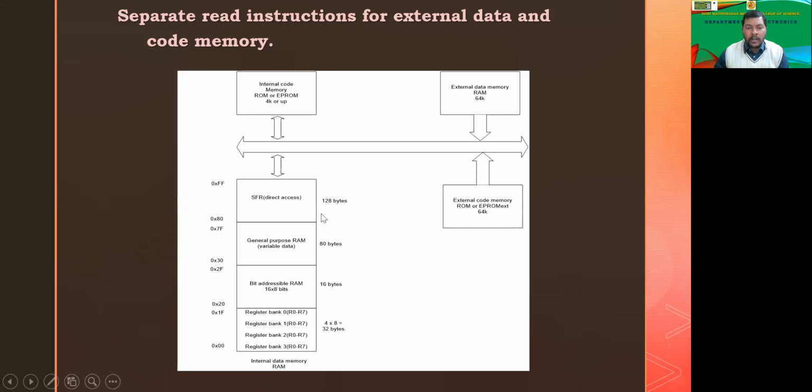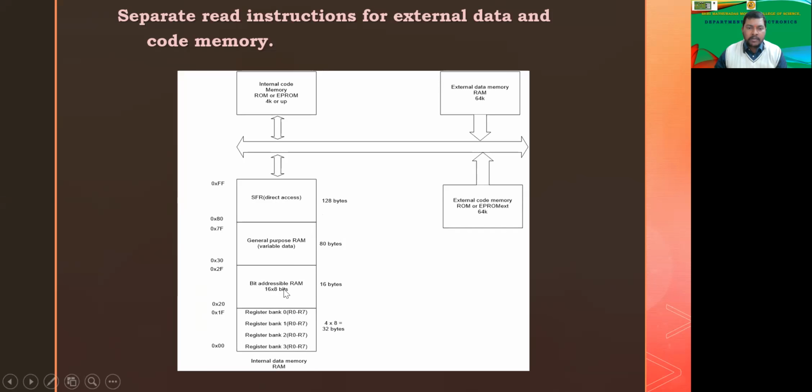Now, this is the situation of the internal data memory, in which initially register banks are there, R0 to R7, and register bank 1, register bank 2, register bank 3. In all, many registers are there. In microprocessor, we were having only 7 general purpose registers. Now here we are having banks of these registers, so they can be used as per our requirement.